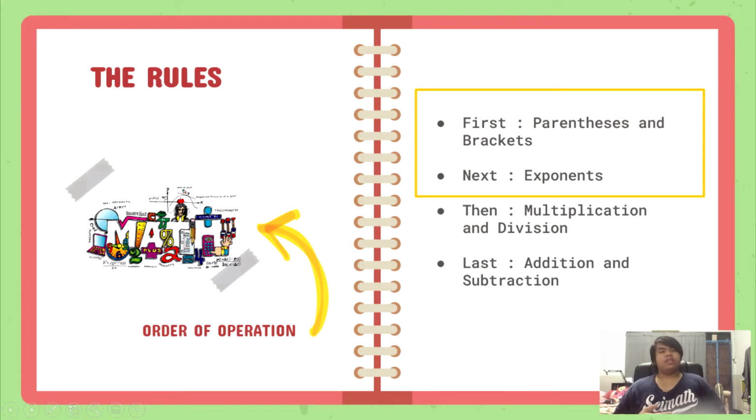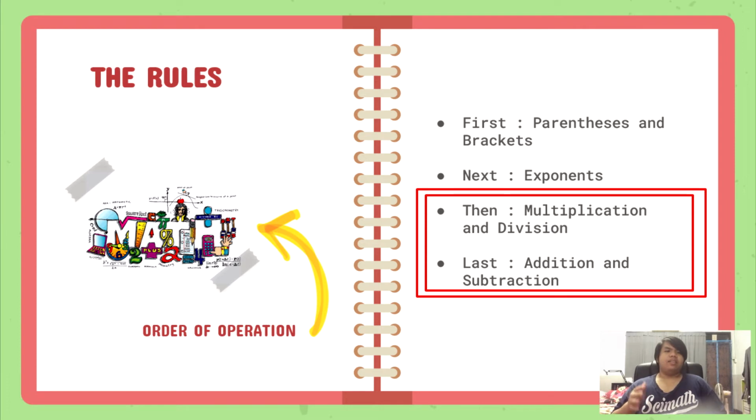So after we take care of any parentheses, any exponents become the next highest priority. Alright, now we look at the last two rules together.